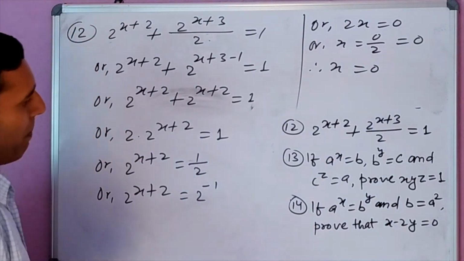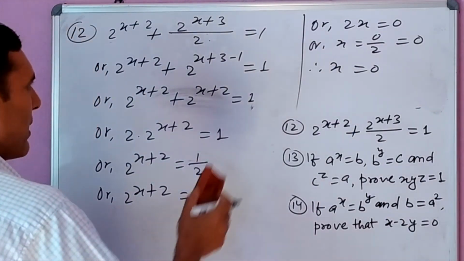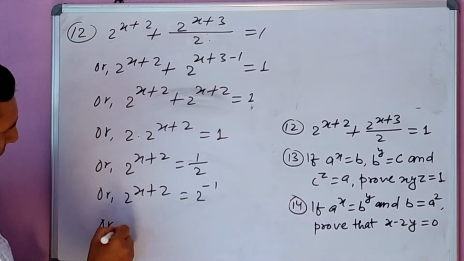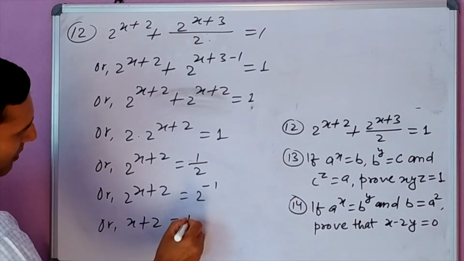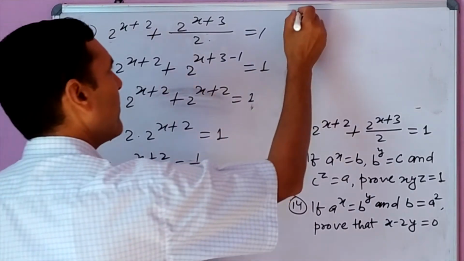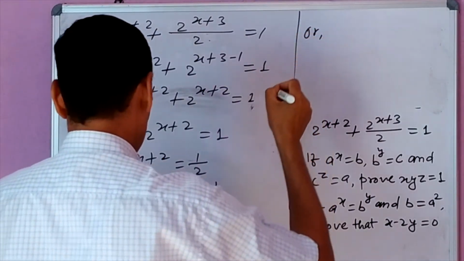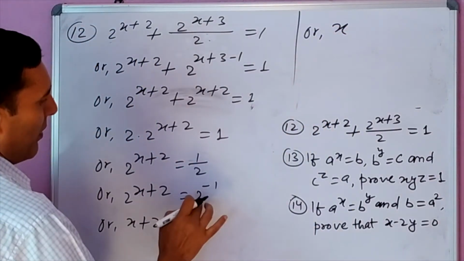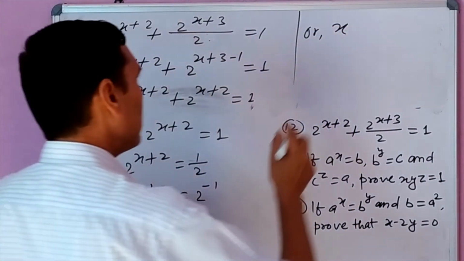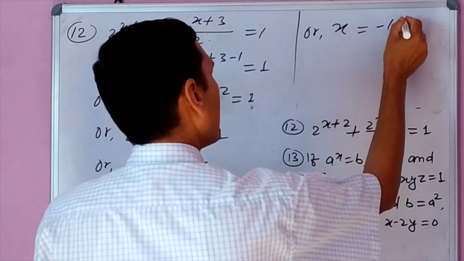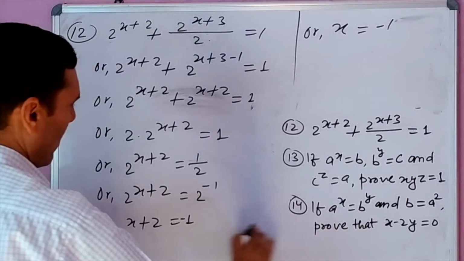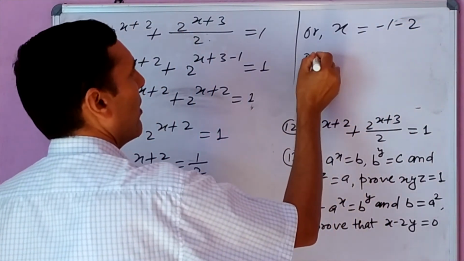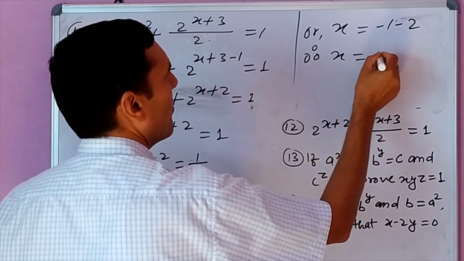Now we have the same base on both sides, base 2, so we can equate the powers. x plus 2 is equal to minus 1, so x is equal to minus 1 minus 2. If you bring this plus 2 to the right hand side, it becomes minus 2. Therefore we get x is equal to minus 3.